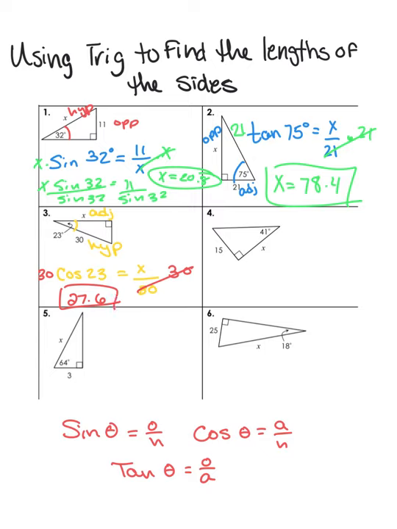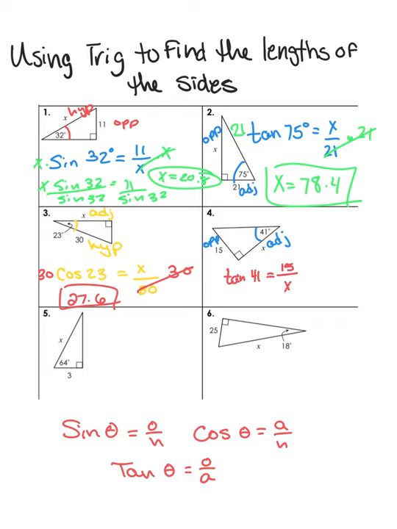For this next problem, we're going to label the triangle with opposite, adjacent, hypotenuse based on the 41-degree angle. So 15 is my opposite, x is my adjacent. So this tells us that we're going to use the tangent function. So the tangent of 41 is equal to the opposite over the adjacent.